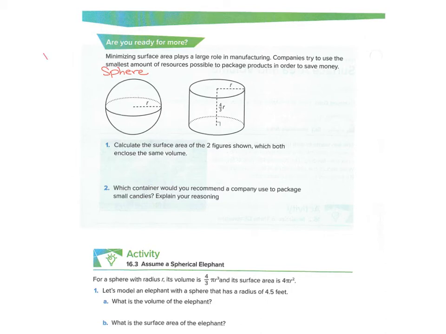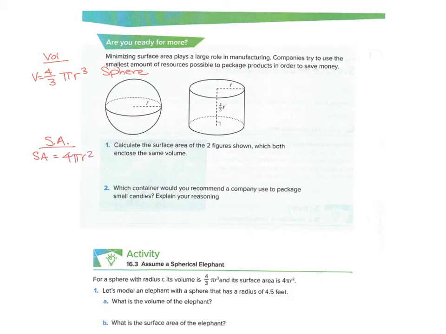One, the volume of a sphere. The volume of a sphere is 4/3 pi r cubed. And the surface area, abbreviate SA, the surface area of a sphere is 4 pi r squared.